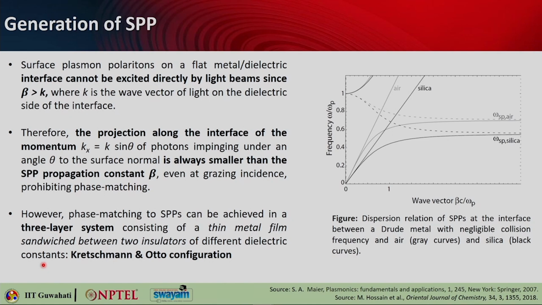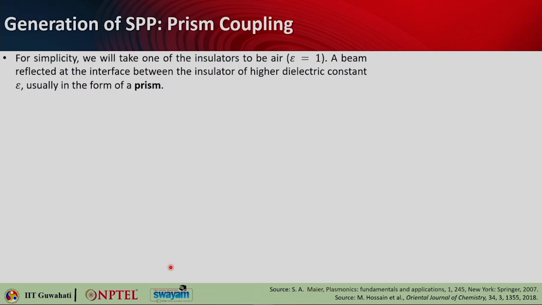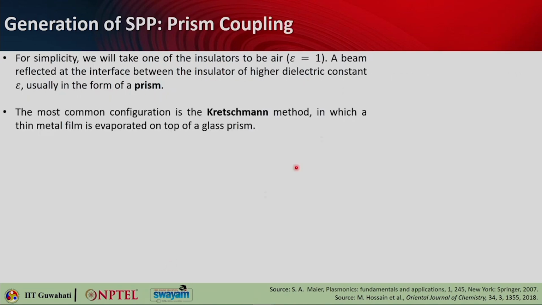Not only is that one of the most popular ones, we will see another method also possible. In this case there are two configurations possible, one called Kretschmann and another called Otto configuration. This method is also known as prism coupling. For simplicity we will take one of the insulators to be air.